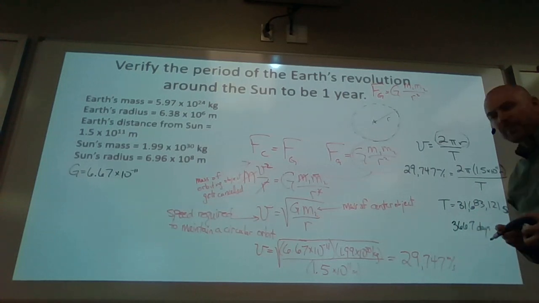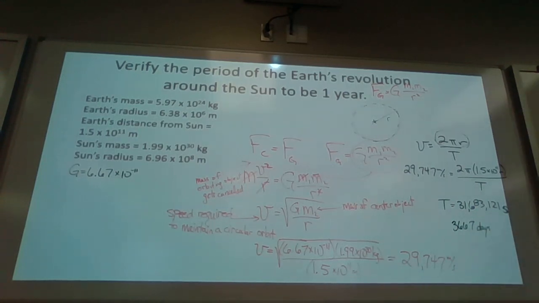Nice. 366.7 days. What should it actually be? 365.25. Why is this off? It's not a perfect circle, but it's really close.